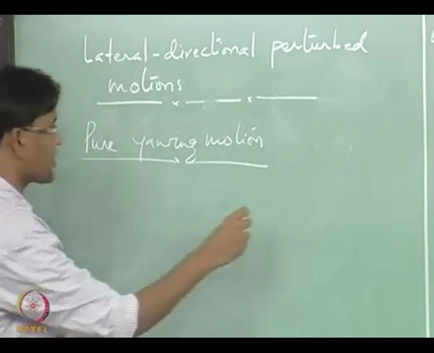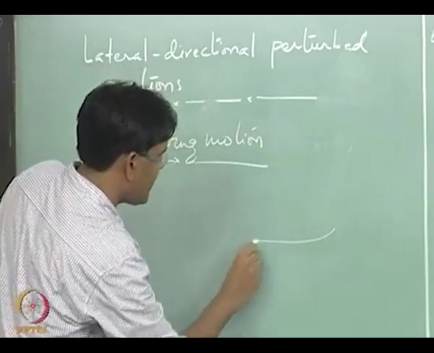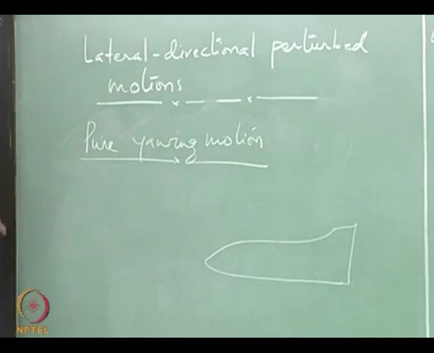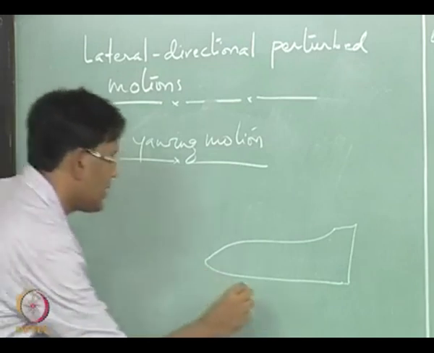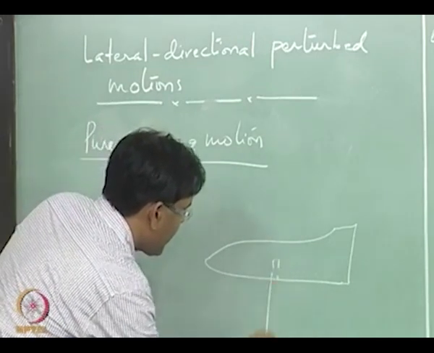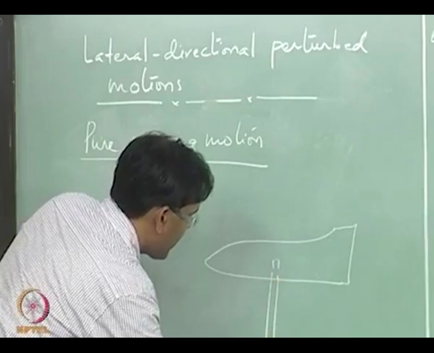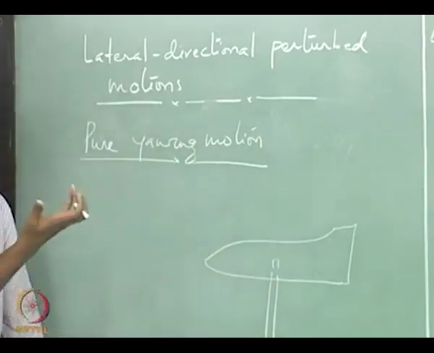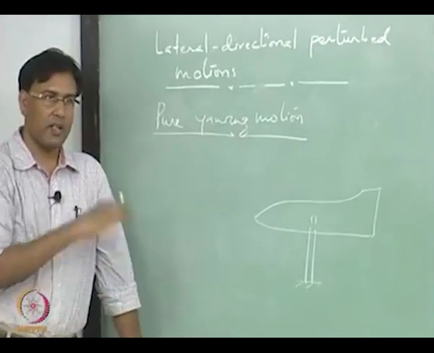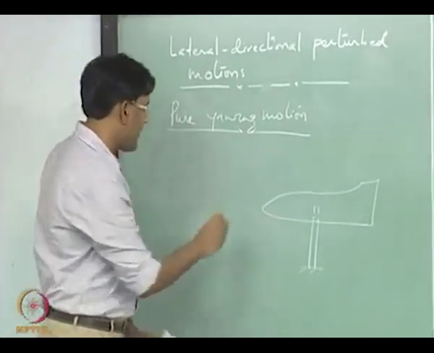So, pure yawing motion. So, again I have some arrangement made in the wind tunnel which only provides degree of freedom in yaw. Okay, so, it can freely rotate about the z axis, but no other motion is possible.